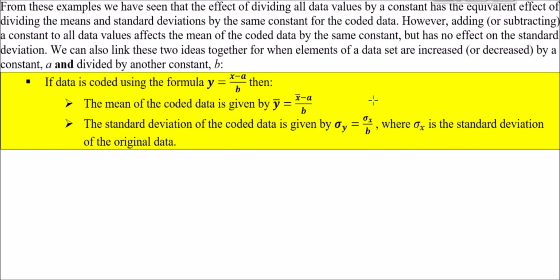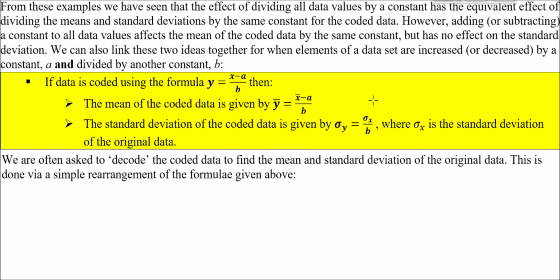As well as this, we're often asked to decode the data at the other end to work out the mean and standard deviation of the original data. So this is done by a simple rearrangement of these formulae here.